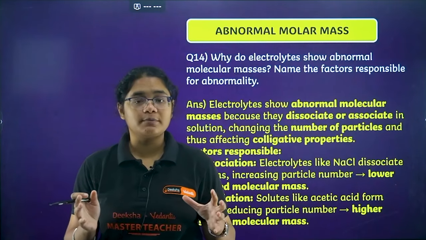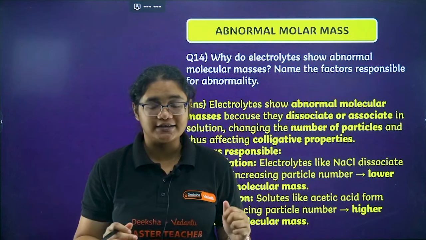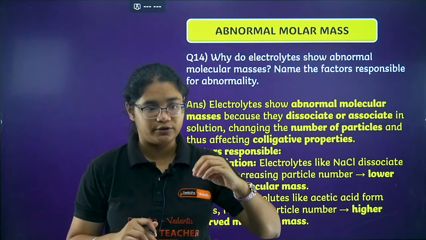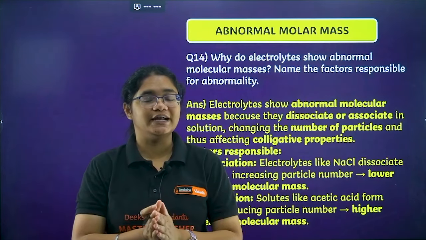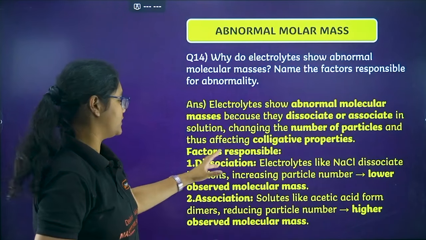See, colligative properties depend only and only on the number of particles, right? They don't depend on the nature of the particles. So when you have added the solute to the solution, if it associates or dissociates, the number of particles changes, and as a result the property is affected.